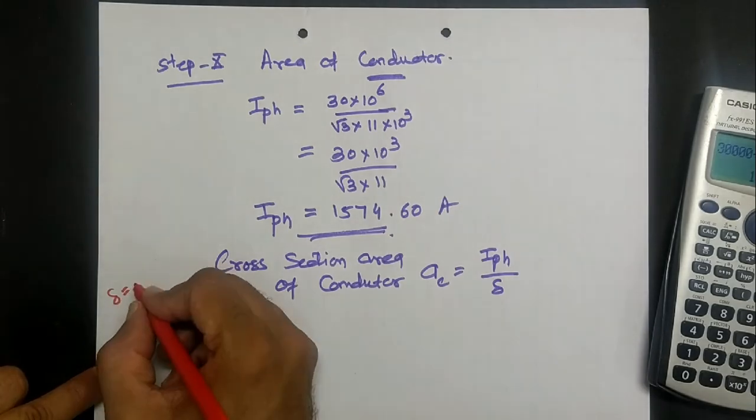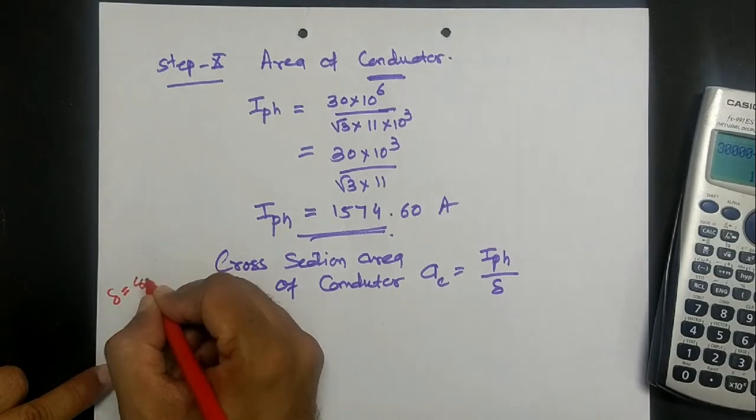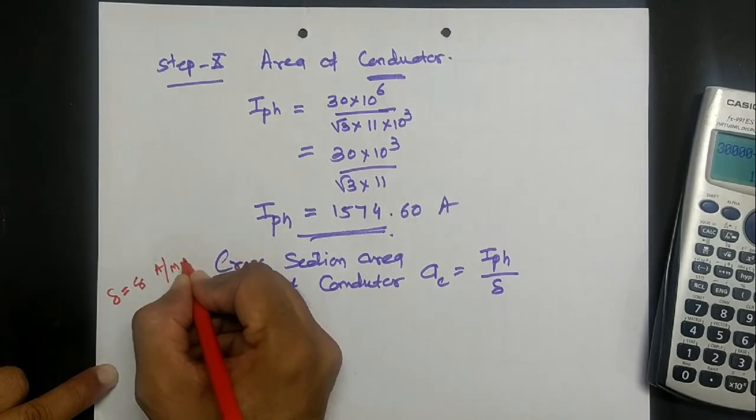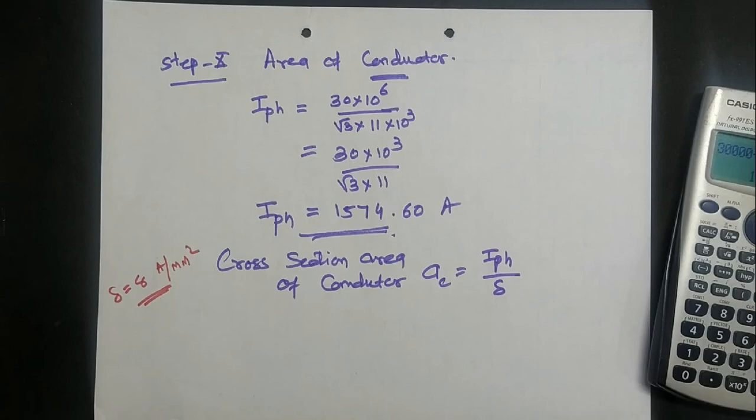Suppose we assume delta is 8 ampere per millimeter square, though any value can be decided. Because area is inversely proportional to current density, if we select a higher current density, the area of the conductor will be less. But if we go for a lower current density, the area will be higher.